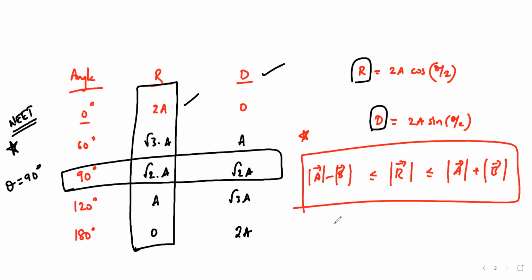And if I have to talk about magnitude, let us say there is some vector A. The magnitude of A would be root of ax square plus ay square plus az square.